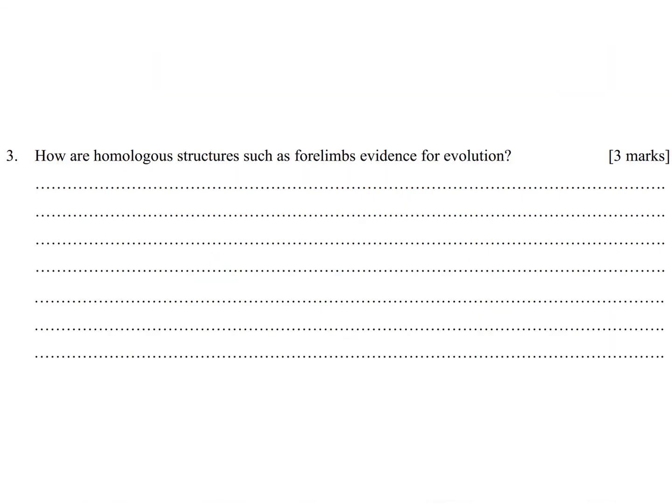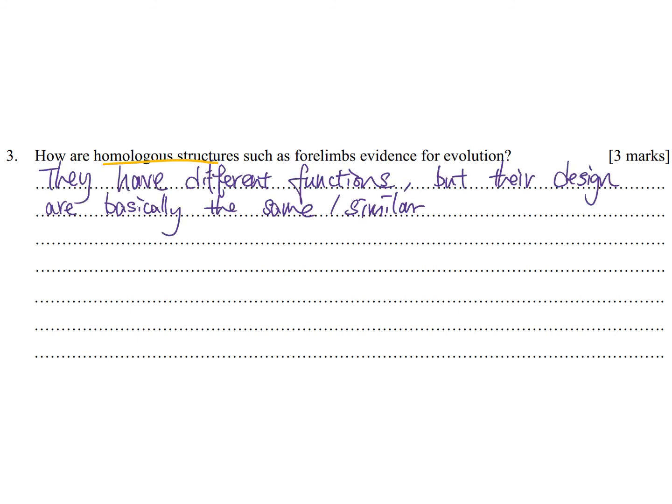How do homologous structures such as the 4 limbs give evidence for evolution? Although they have different functions, some of them use the limbs for swimming, some for flying, running. If we take a look at their designs closely, their designs are basically the same or similar.